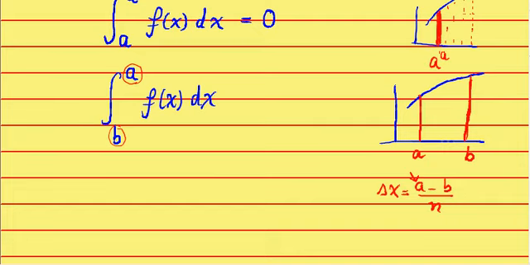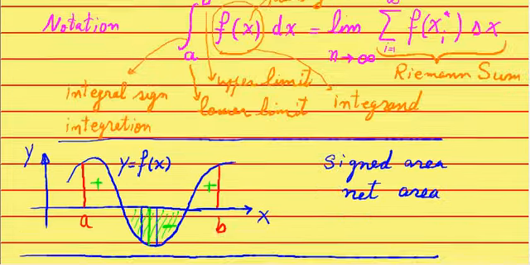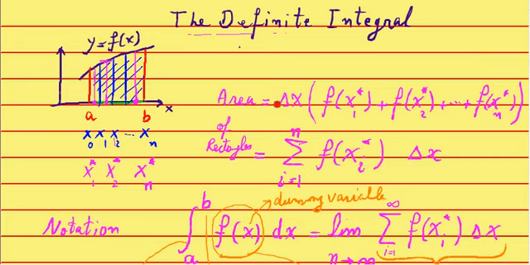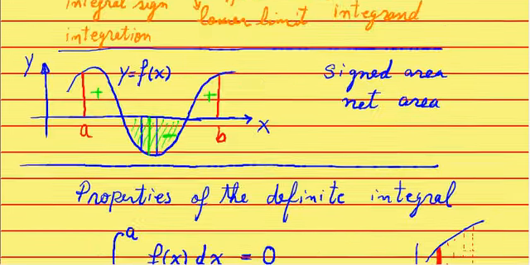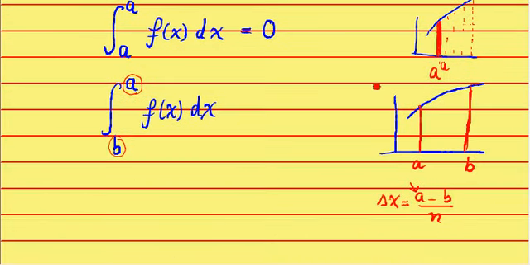Of course, that's going to be just the opposite of what we have been using. In that case, delta x would have been b minus a over n. So the sign of delta x in the two cases will be different. If you exchange a and b, delta x is going to flip its sign.